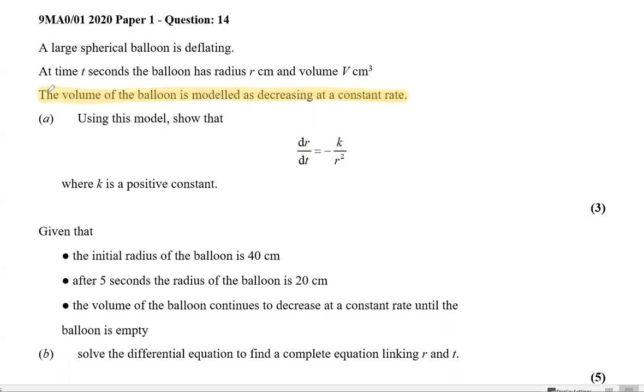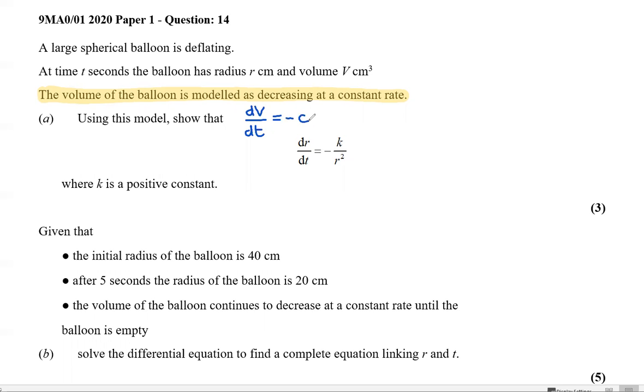If the volume of the balloon is decreasing at a constant rate, we can state that dV by dt, which is the rate of change of the volume, is decreasing. So to show that it is decreasing, I'm going to put a negative sign there and a C, and I'm going to show that C has to be positive in order to force that rate of change to be a decrease.